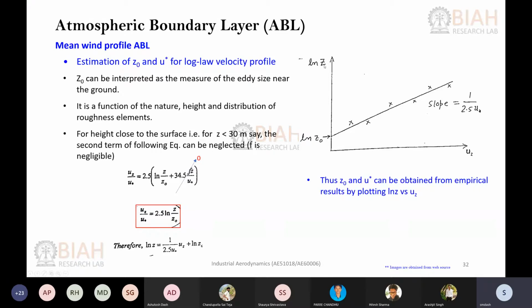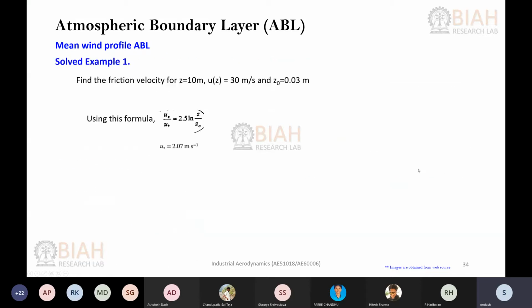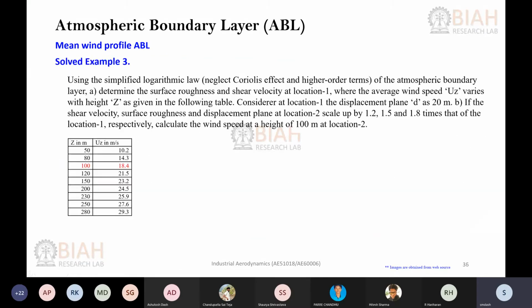Instead of Z here, it will be your Z prime, that is Z minus D. Okay, so if you plot Z minus D here, this will be ln (Z minus D) and UZ, then you can get these values. So location 1 will be clear, you can find out the surface roughness and the shear stress from the graphical technique itself.